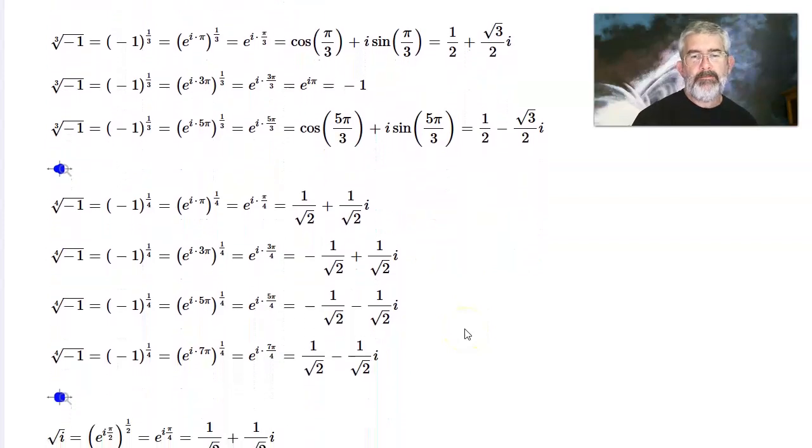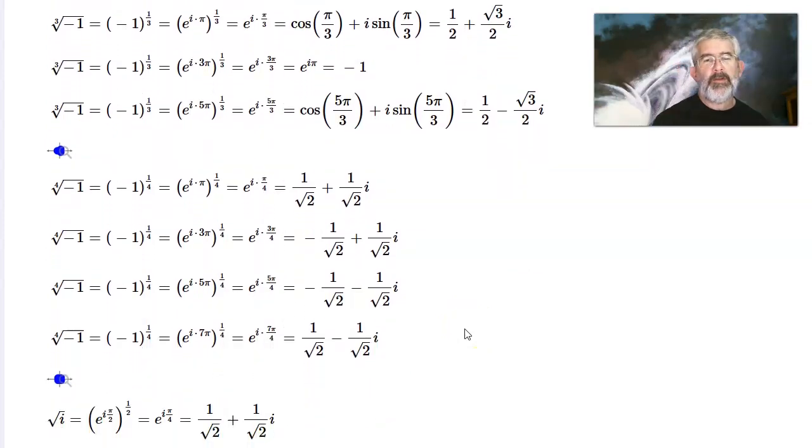Fourth roots of -1. Fourth roots of -1 is interesting to me in that there aren't any real fourth roots of -1.